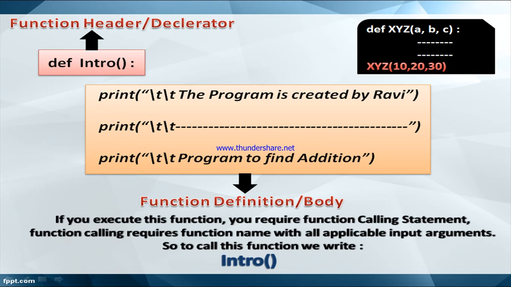What is an input argument, what is an input parameter? If you want to catch it, just see the black color image at the top right corner of your screen. Here another function is there, def xyz, and inside the bracket a, b, c, these three variables are there inside the bracket of this xyz function.